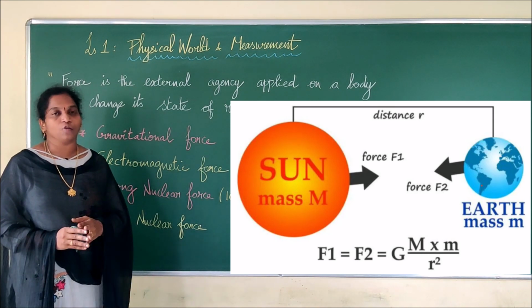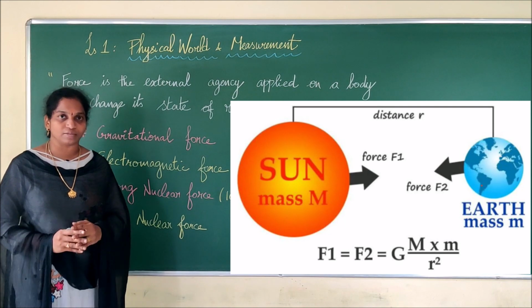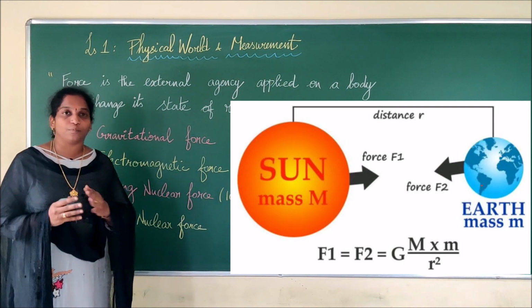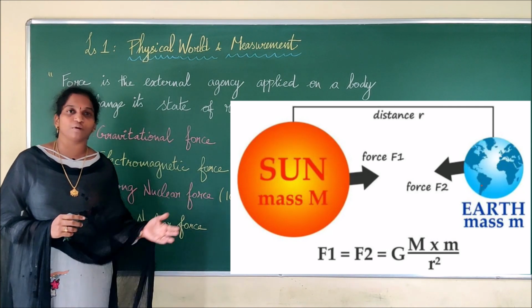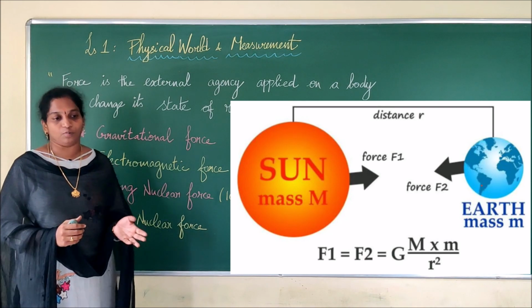So that is Newton's law. What is that law of gravitation? You can say that every body attracts each other, right? It's directly proportional to the product of the masses and inversely proportional to the square of the distance between them.